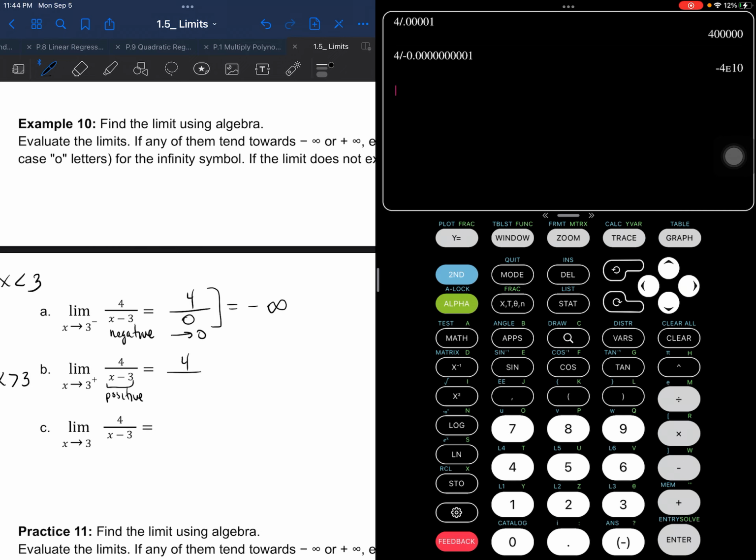So this number is also getting closer to 3, so the difference is going to become very small, closer to 0. Right, this number is getting close to 0. So if we think about again 4 over 0, it's going to be a number that's getting very, very big, a large number, right? So it's going to be infinity.